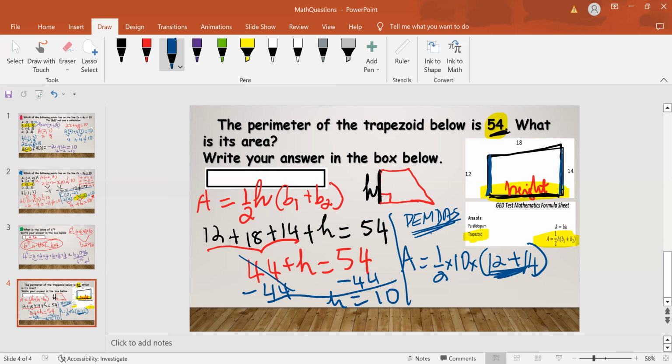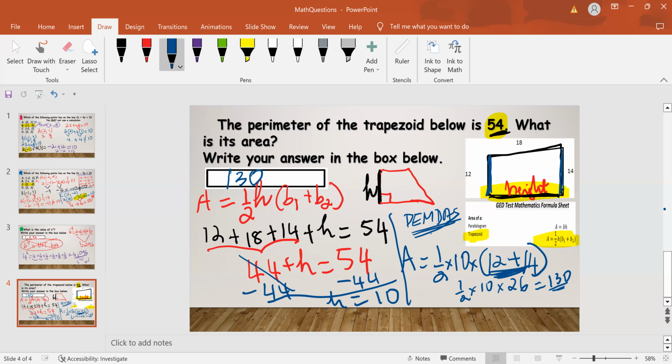So you have 1 over 2 multiplied by 10, which is the same as 10 divided by 2, and now multiply by 26. If you do the calculation, that gives you 130. So the area here is 130. And that will be square units.